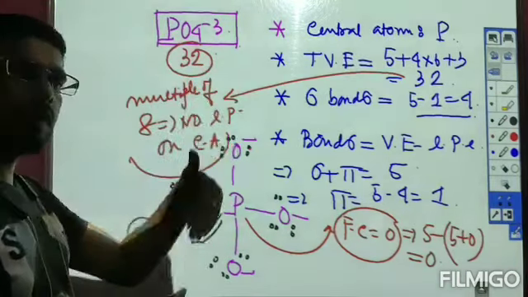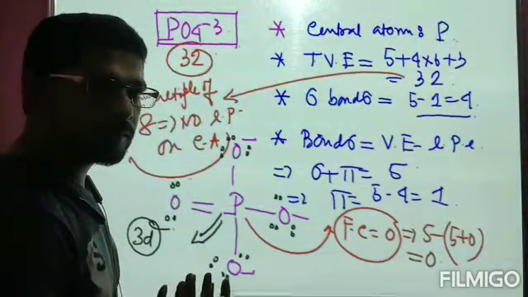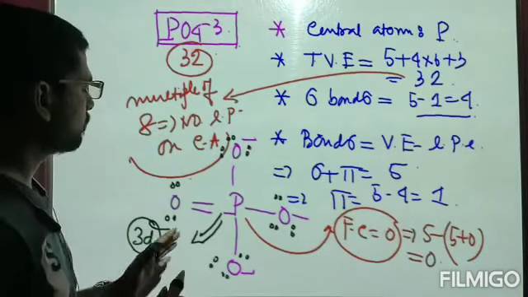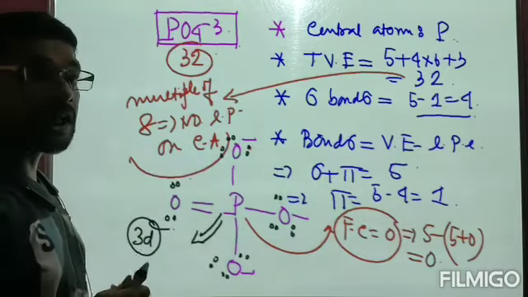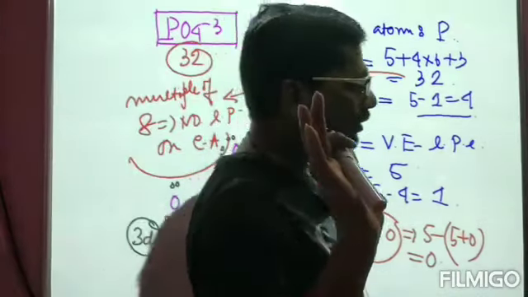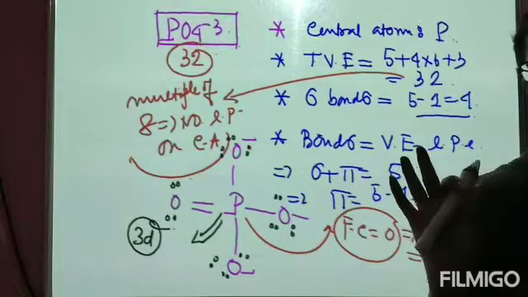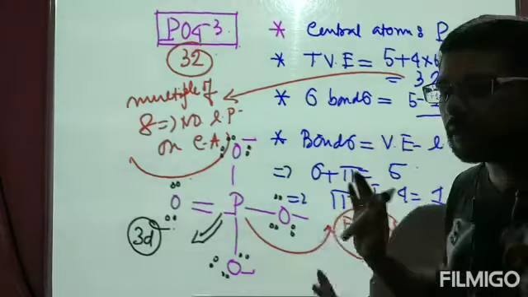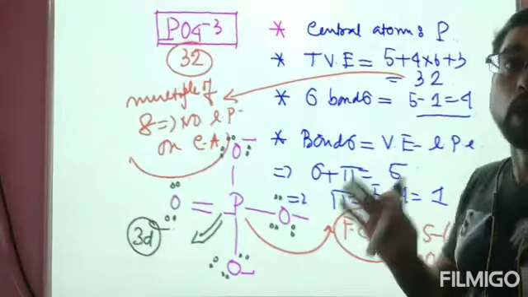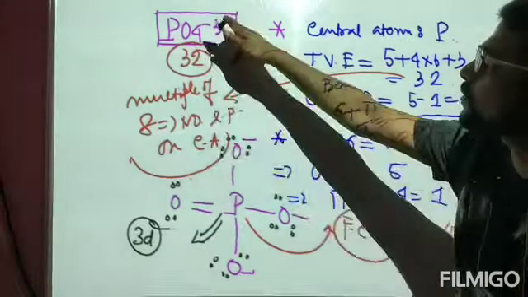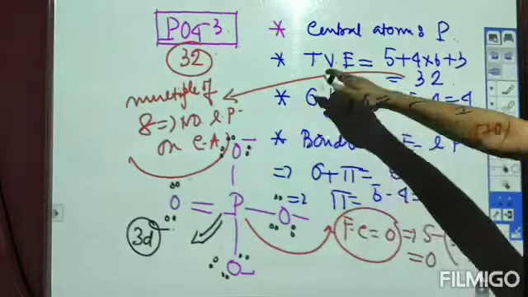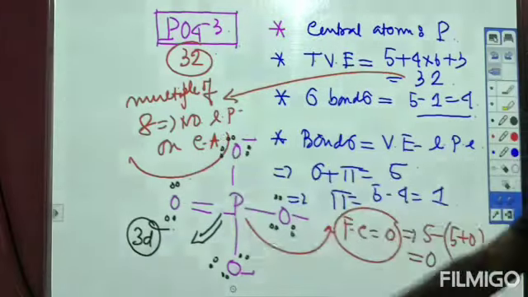For sulfur also, it will have expanded octet. It may or may not. Phosphorus, expanded octet. Carbon, never, because it doesn't have a lower energy d orbital. Okay, so this is the Lewis structure of PO4 minus 3.